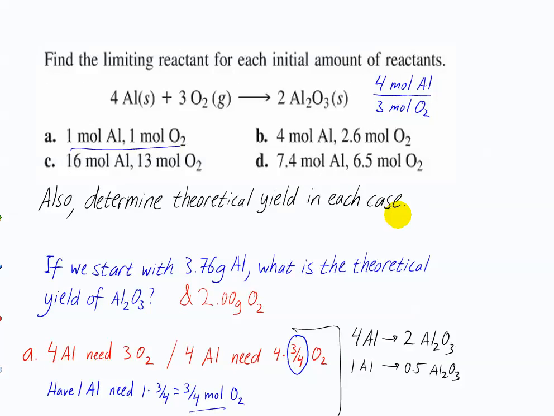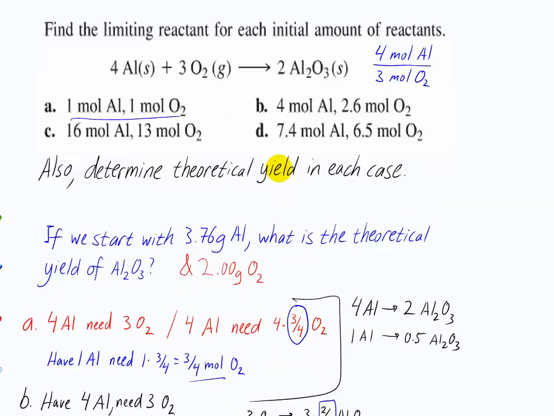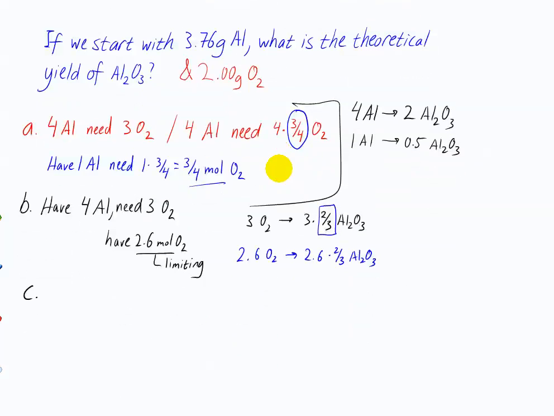So for instance, if you want to know how much O2 you need in, let's say, part C, we say, okay, well, we have 16 moles of aluminum, and we can multiply that by 3 mole O2 over 4 moles of aluminum.